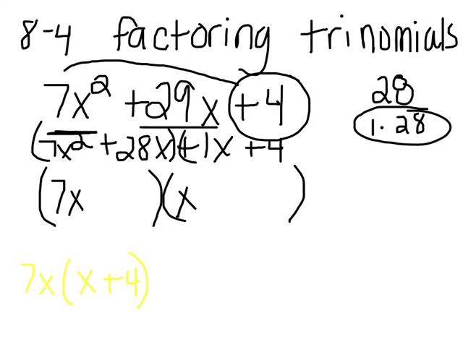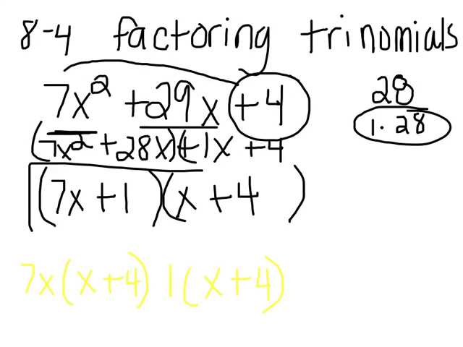Out of our second parentheses, we would be pulling out a positive 1, and we would be left with x plus 4. And remember that our answer would be the first 2 terms put back together, the 7x and the plus 1. Well, we already put the 7x there. So we would have 7x plus 1. And in our second parentheses, we would have our common term of x plus 4.